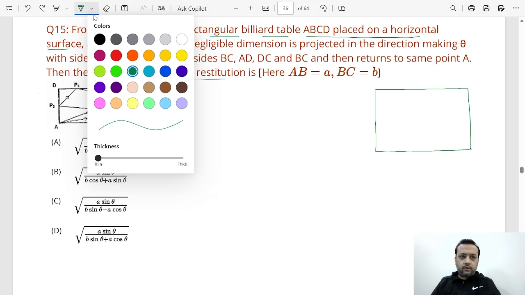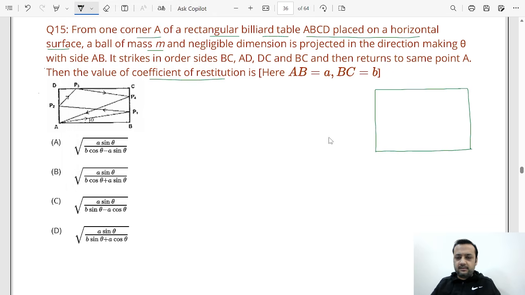Now notice what is happening: we launch a billiards ball from the corner A. It first strikes the side BC somewhere over here. Let's say it is launched at speed u, and this angle is theta.